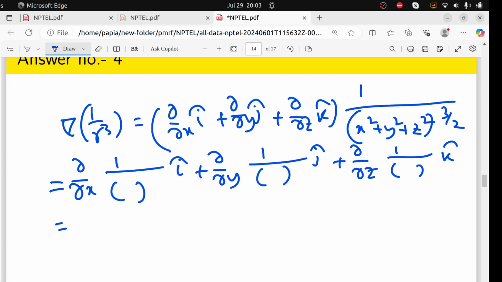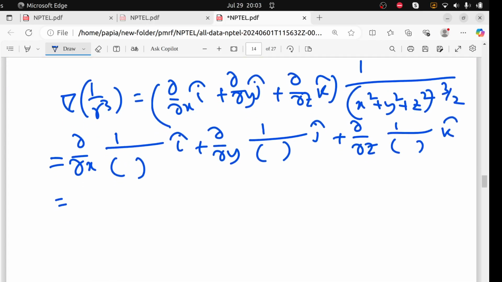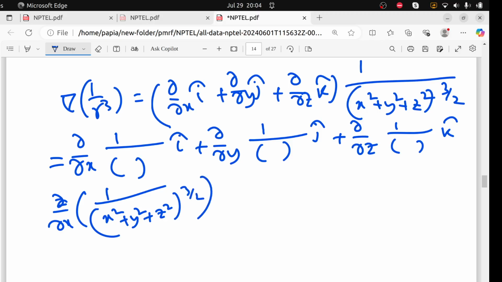Yes, ma'am. Okay. Now you can see, this is nothing but a derivative with respect to x, this is a derivative with respect to y, this is a derivative with respect to z. So, I am just going to do the very first one, other things you can do by yourself. So, del x of 1 by x square plus y square plus z square whole to the power 3 by 2. All of you know how to do the derivative things.